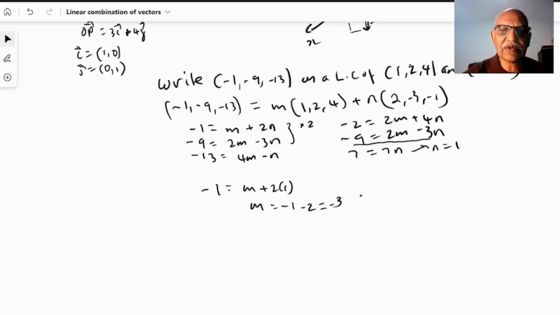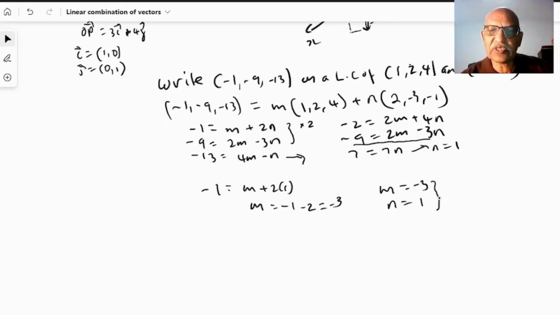So I got m equal to -3, n equal to 1. I take these two numbers, I substitute them into the equation I did not use. I did not use the third equation. Therefore, I check if these numbers make them equal.